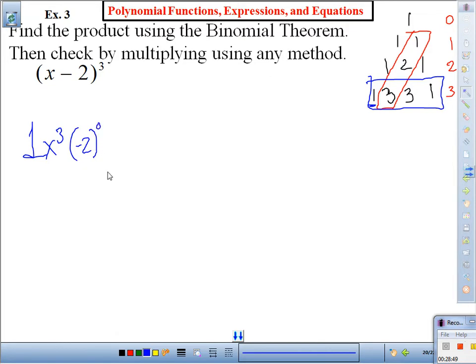That is correct. Ask someone? Danica? Close. 3. 3x squared. That is correct. Pass someone.